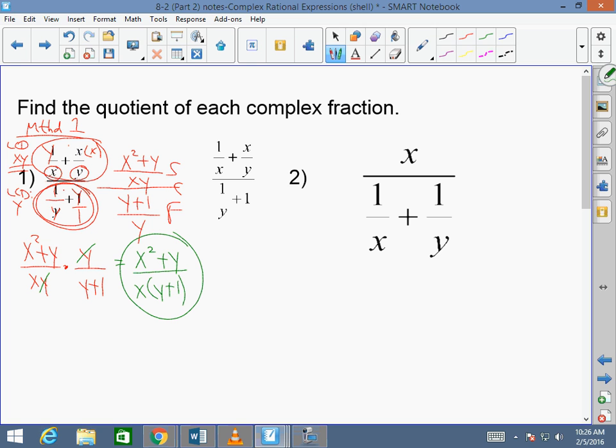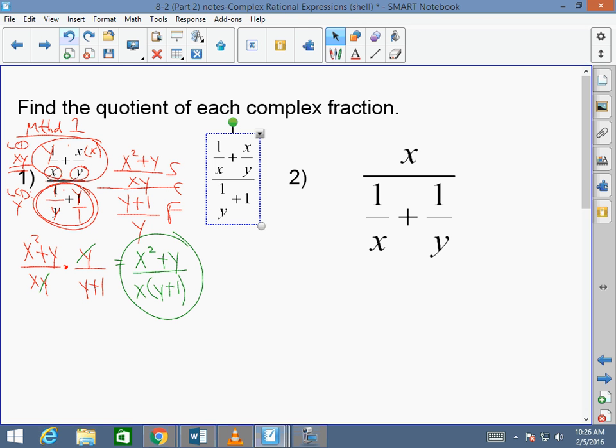Temptations. Oh, let's get rid of this x and one of those. No. You cannot do that. Oh, but I can get rid of this y and this y, right? No, you cannot do that. You cannot simplify individual pieces of polynomials.